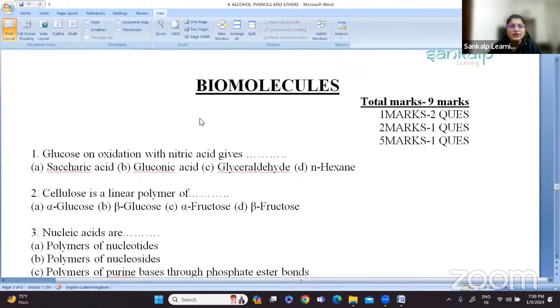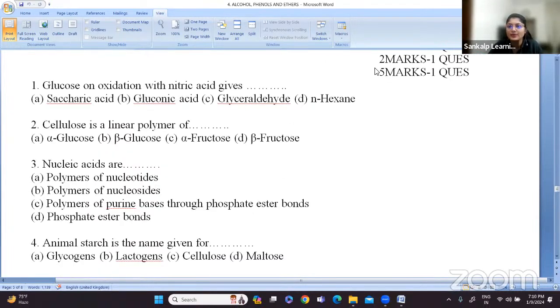Fine. In the previous session we have seen what are biomolecules. We studied all the small definitions, and then we completed the MCQs part also.